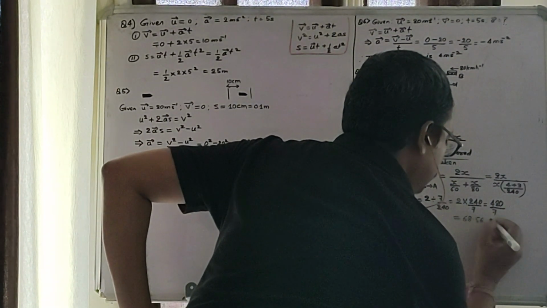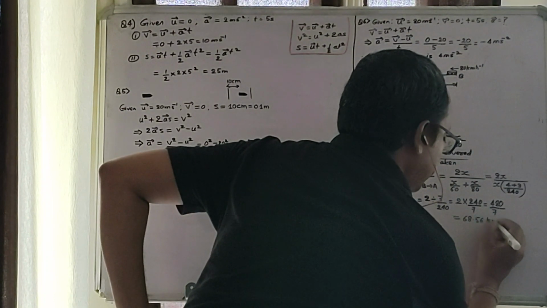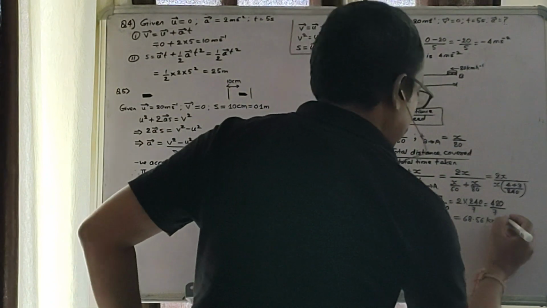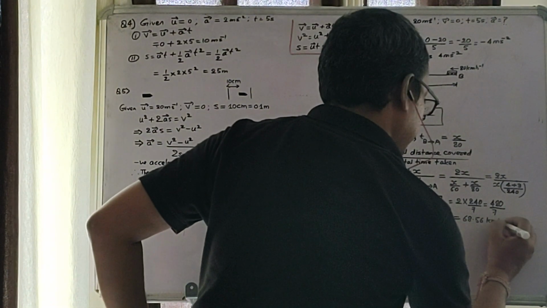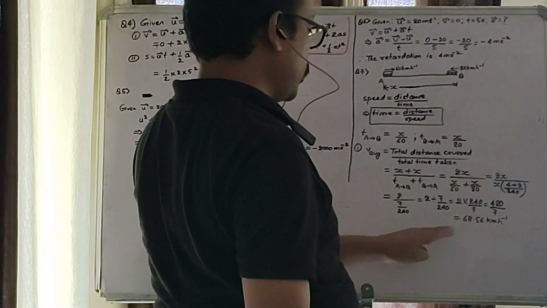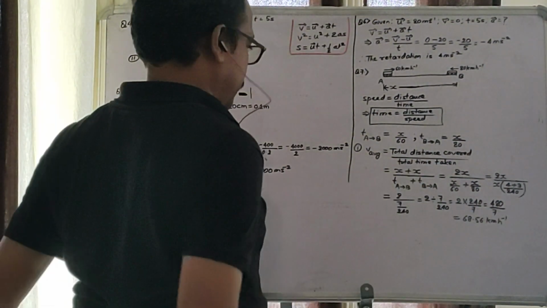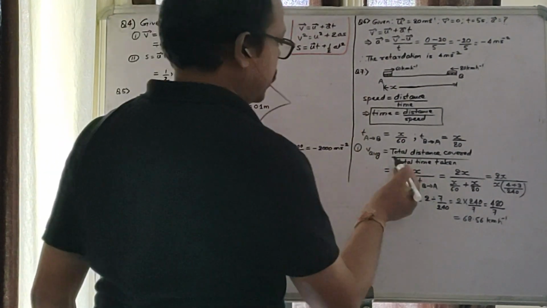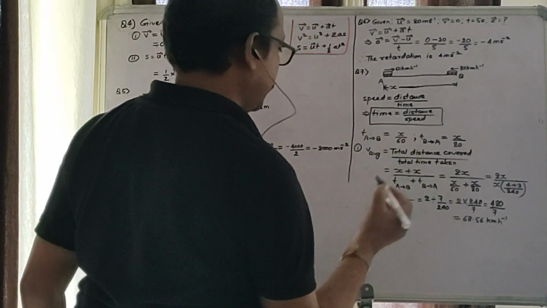So this is in kilometer per hour, 68.56 approximately. So this is the average speed. Average speed is total distance covered by total time taken.